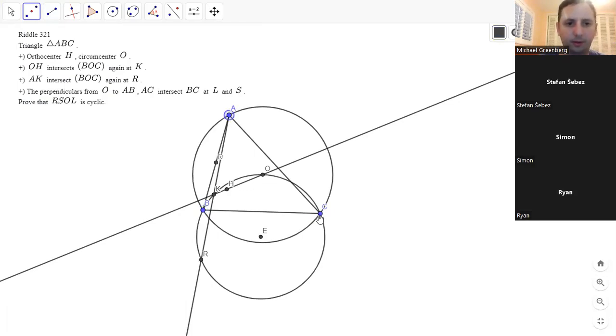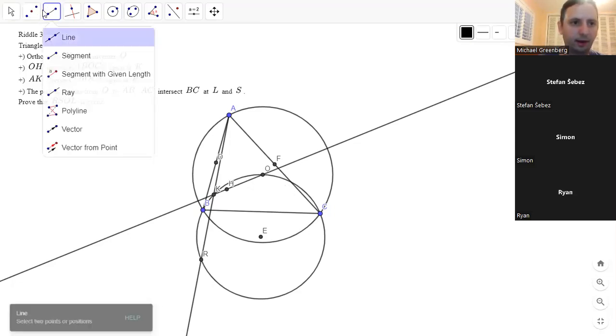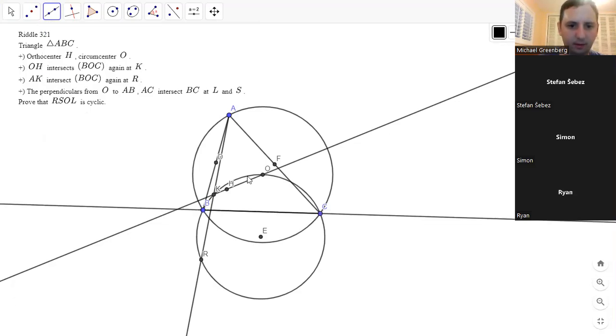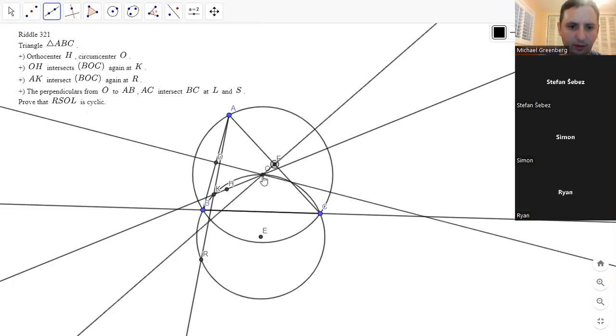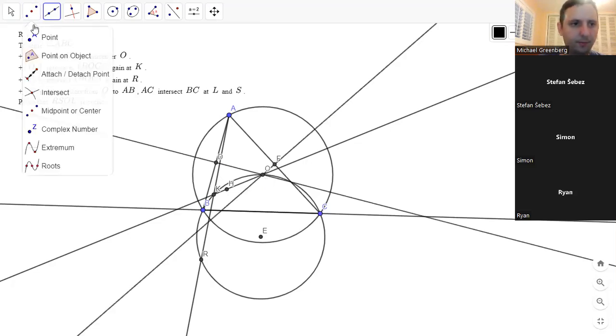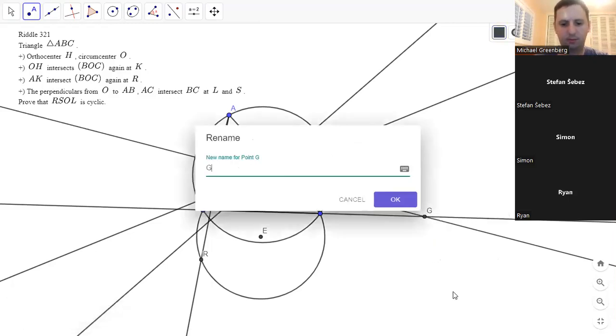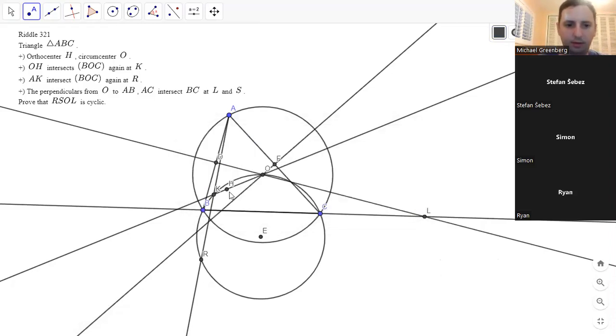Because the perpendiculars from O go through the midpoints and they intersect BC at L and S. All right. So that would be one of the points, and this would be another one. So this is L, and this is S.